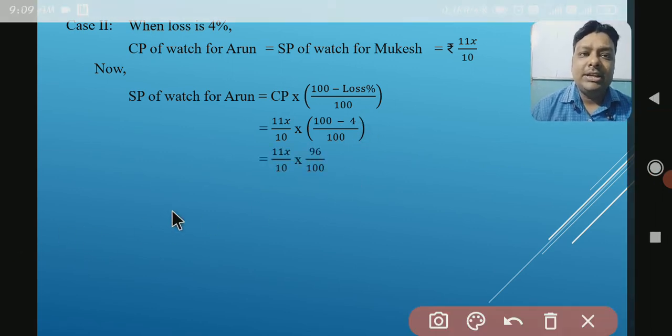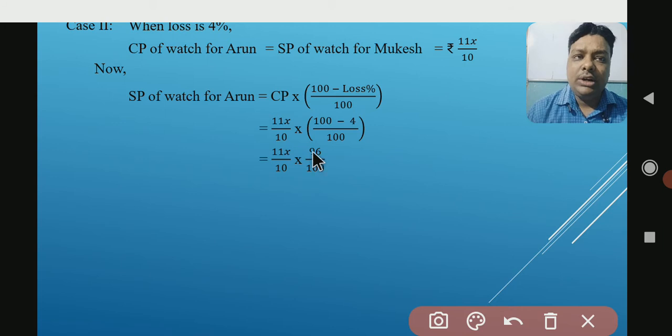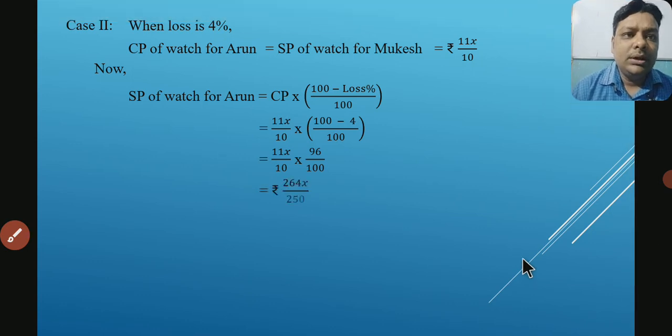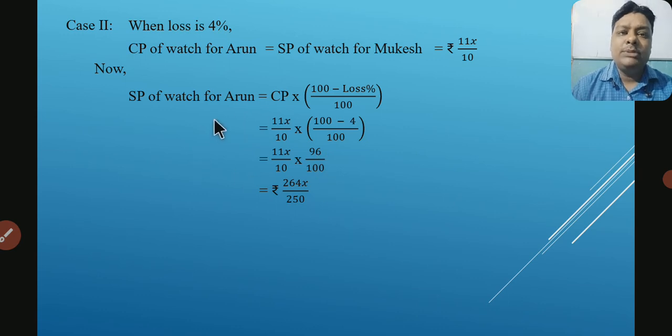Both are still divisible by 4: 4 into 24, and 4 into 25. So 24 into 11 is 264, and downside it is 25 into 10, which is 250, with X. So the SP of watch for Arun is 264x by 250.